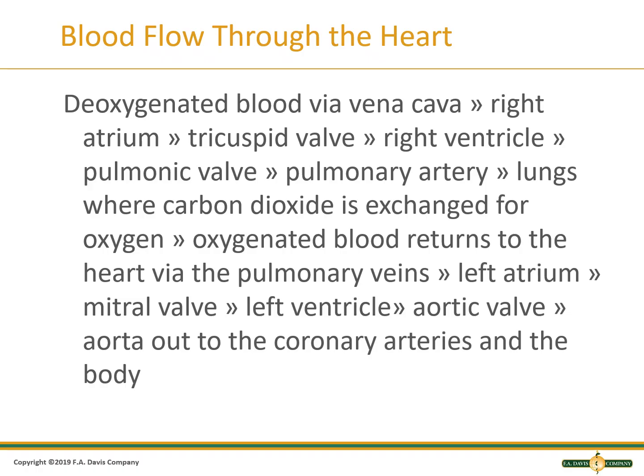It is at the site of the lungs, specifically the lung capillaries, that oxygen and carbon dioxide are exchanged, and this blood now becomes good oxygenated blood that returns to the heart via the pulmonary veins into the left atrium, through the mitral valve, to the left ventricle, out the aortic semilunar valve into the aorta to go to the coronary arteries and to the rest of the body.